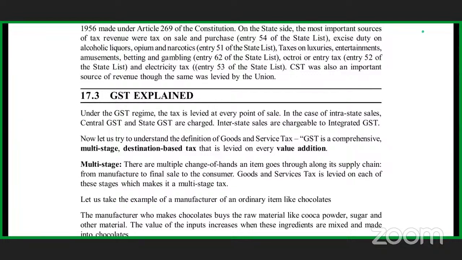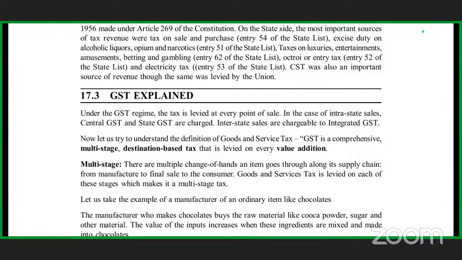Whenever you go to any mall, or whenever you purchase some grocery, or visit some restaurant, just check the bill. They will give GST, and in that CGST will be there, SGST will be there. CGST means Central Goods and Services Tax, and SGST means State.